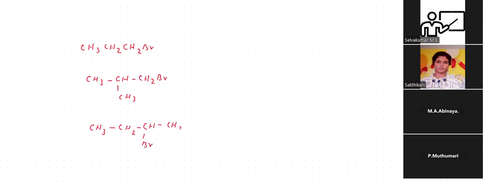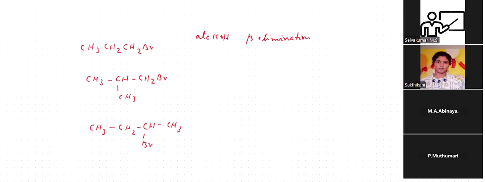So these 3 alkyl halides are given. If they undergo beta elimination when they are treated with alcoholic KOH, what will be the reactivity order? That is the question asked.